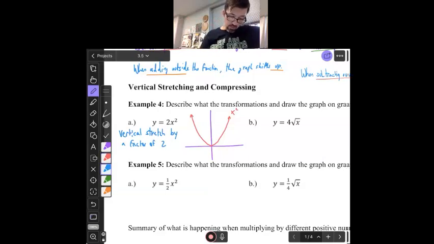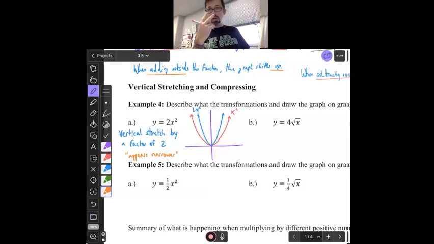Okay, so then 2x squared would be something like that. So this one appears narrow. Okay, so it's a vertical stretch, but it appears to be narrower to our eyes.